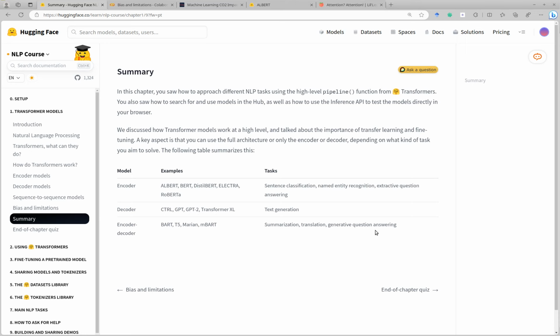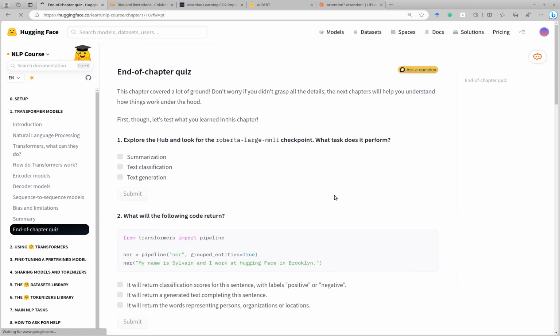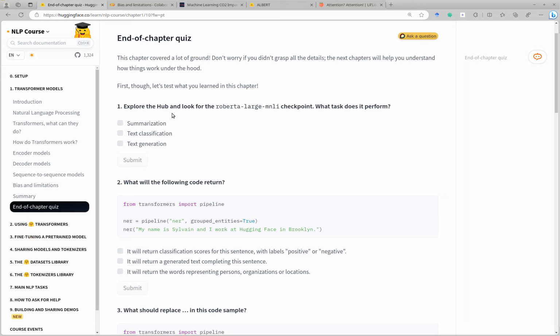So at the end of this chapter we have a quiz. Let's try to go through the quiz as well. The first question is: explore the hub and look for the roberta-large-mnli checkpoint. What does it perform?